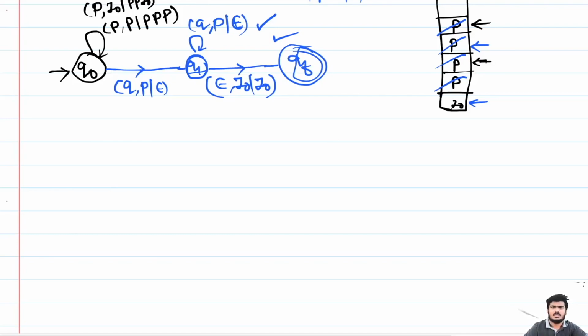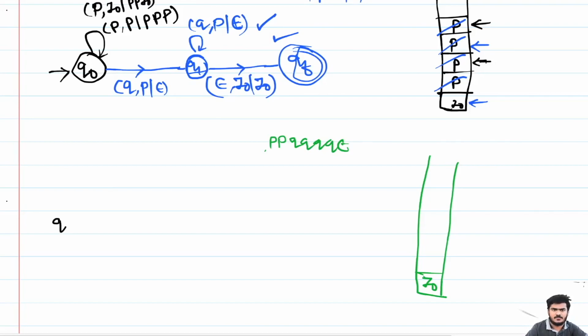So here I am taking the stack for better understanding. So this is the stack and the bottom of the stack is Z0, and the string I am taking is P P Q Q Q Q, and this is epsilon, and initially I am in Q0.